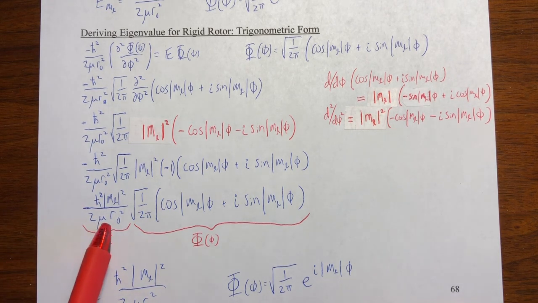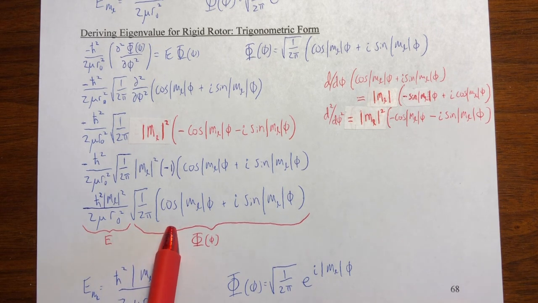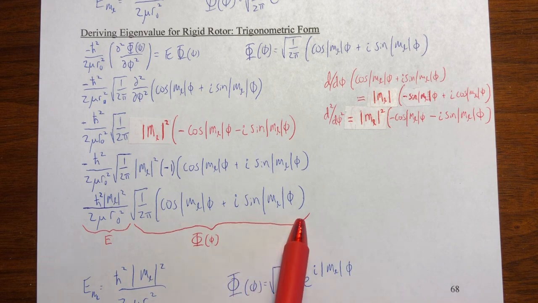and we're actually left with our final answer, where our eigenvalue is h bar squared times m sub l squared divided by 2 mu r naught squared times our wave function, which is still normalized as root 1 over 2 pi times the quantity cosine m sub l phi plus i sine m sub l phi.